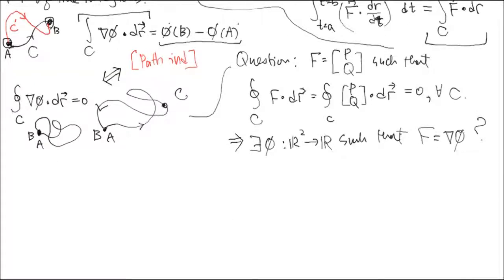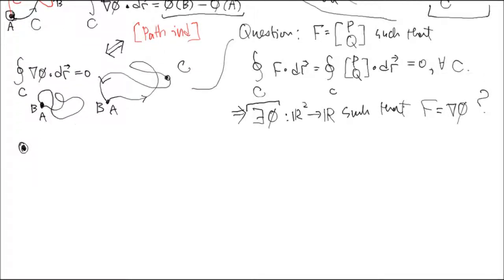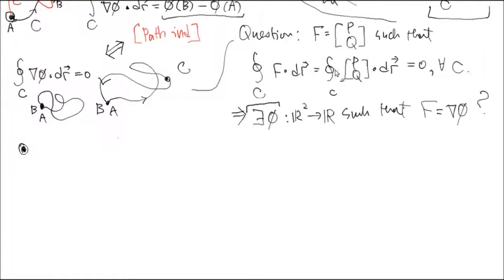Does the question make sense? We have a gradient vector field that has this amazing property. Does this property determine that this is a gradient vector field? The question is whether this path independence property translates directly to a conservative vector field.